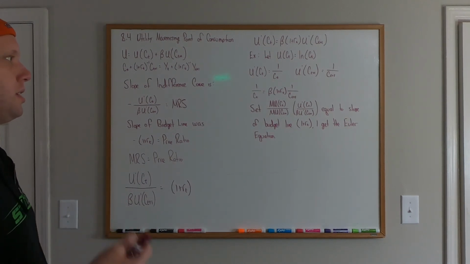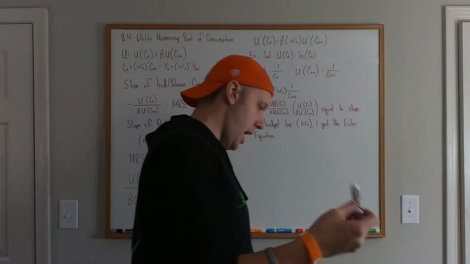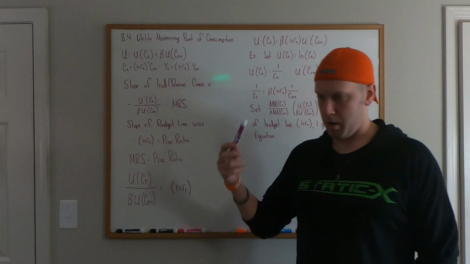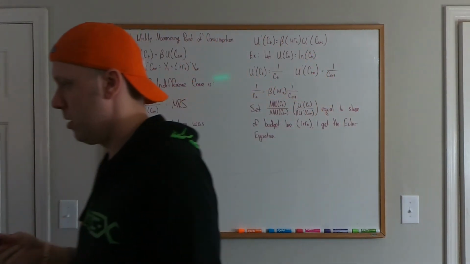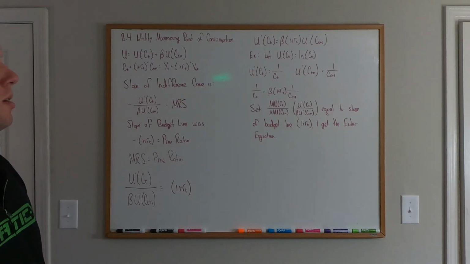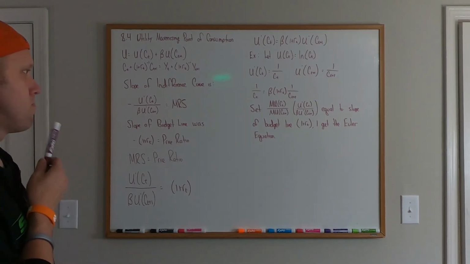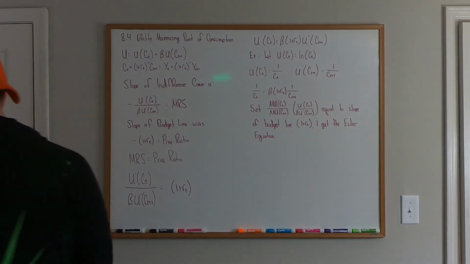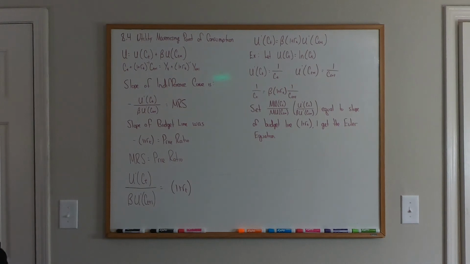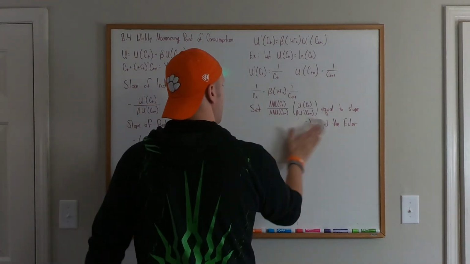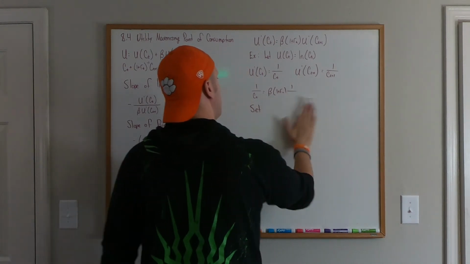That 1 plus the interest rate is telling me at the margin, if I want a little bit more current consumption, I've got to give up future consumption at a rate of 1 plus r. That's kind of cool. So the Euler equation, like I said, is an optimality condition. Let's see what this thing looks like in a graph.